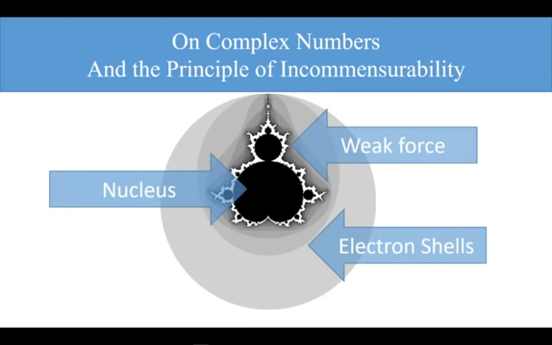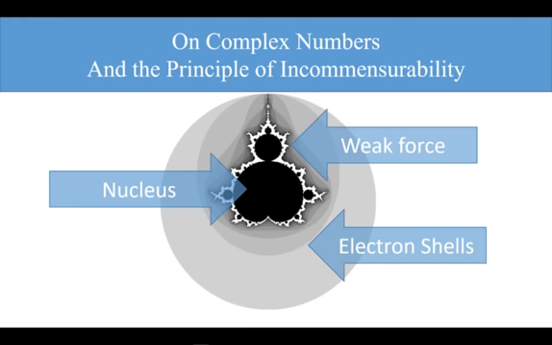Inside the nucleus, we have quarks that experience asymptotic behavior. They cannot escape the atom, just like the black hole points inside the Mandelbrot set. Outside, we have the electron shells, and electrons can escape the atom, just like the gradient points inside the Mandelbrot set.